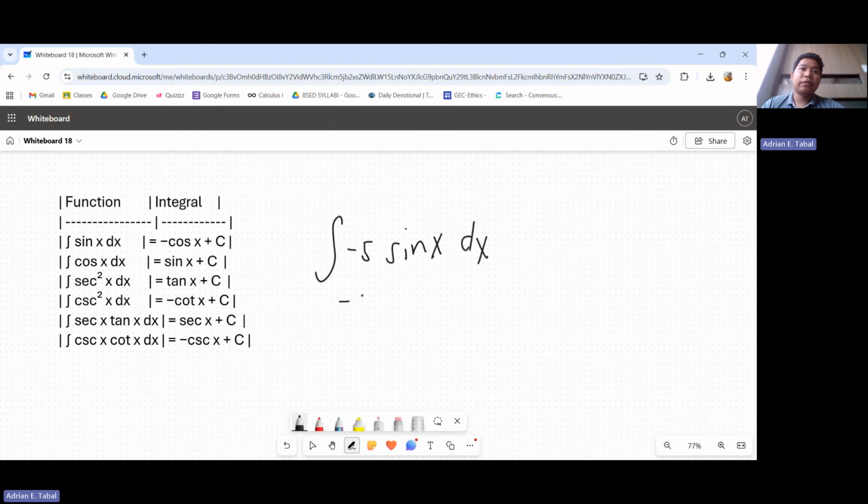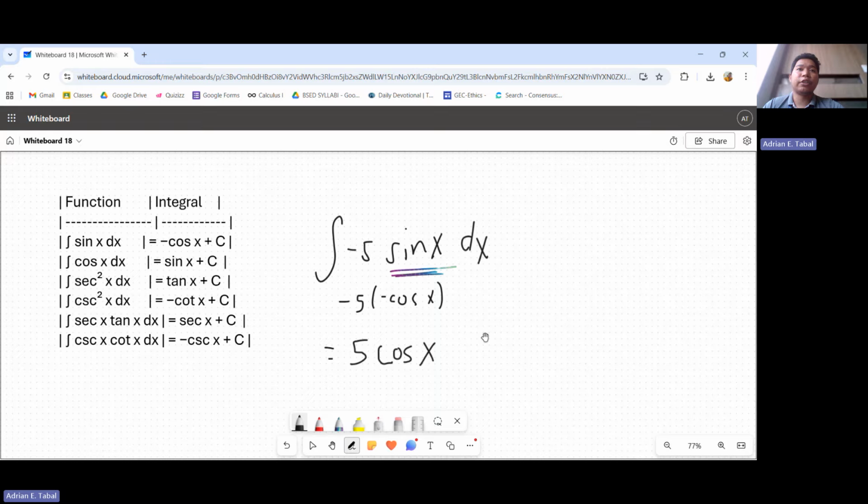So the negative 5 remains. Then the integral of sine x is negative cos x. Simplify: negative times negative is positive. So the integral of negative 5 sine x dx is 5 cos x plus c. That is how you find the integral of a trigonometric function.